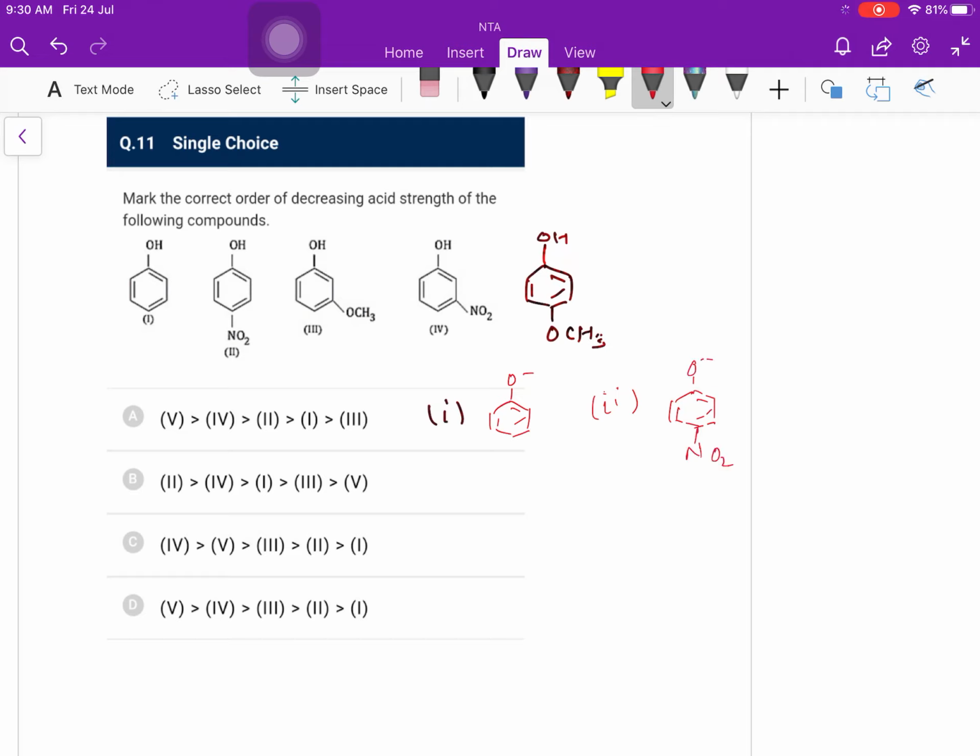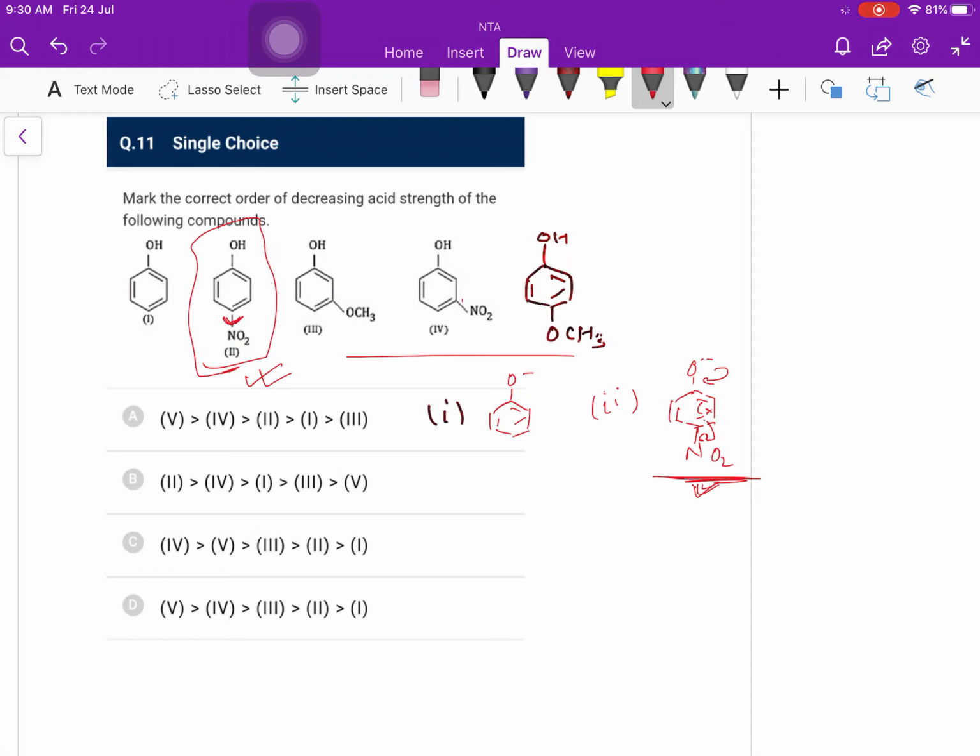So what will NO2 do? NO2 will delocalize the charge with itself. So the conjugate base is very stable here, and the base is a weak base, therefore this will be a good acid, and out of these it seems to be the strongest acid, because NO2 is electron withdrawing. Any electron withdrawing group will increase the acidity here.